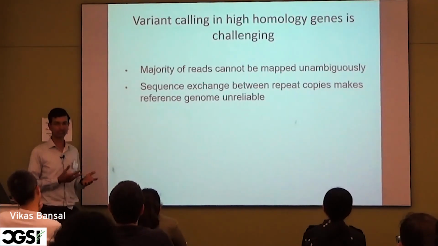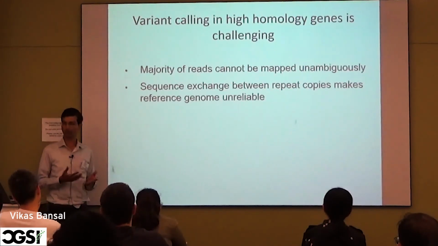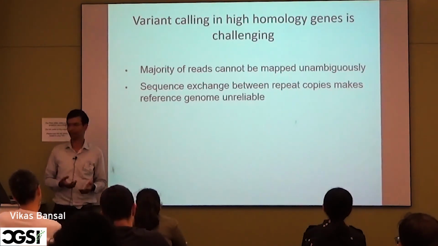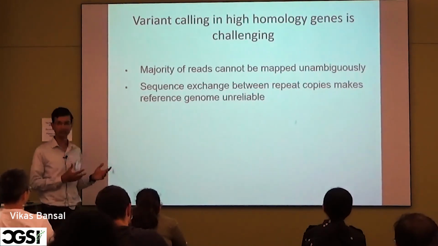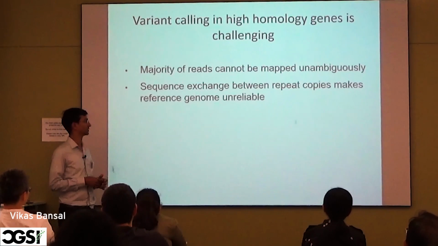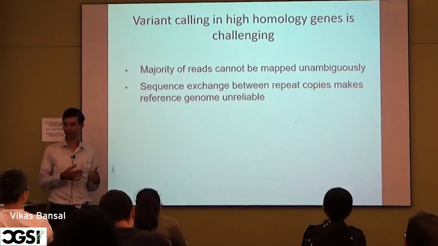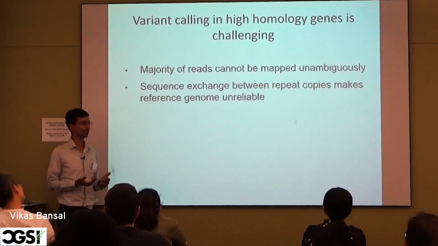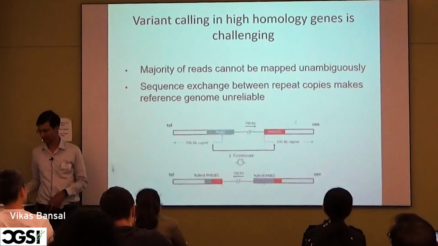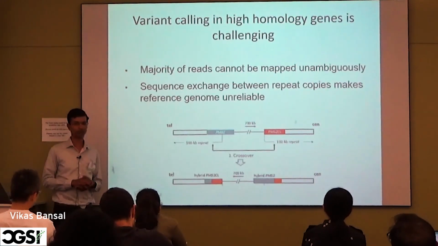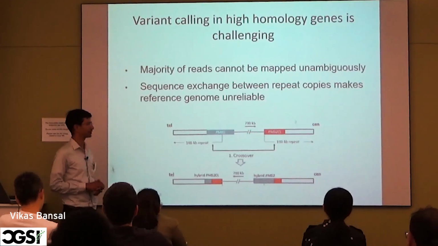First, obviously the biggest challenge is that a lot of the reads don't map uniquely, so that's already obvious. Another challenge that's unique to these genes is that there is frequent sequence exchange between the different copies of these duplicated sequences, because of either gene conversion or recombination. This has been observed for many genes. Here I'm showing you an example for the PMS2 gene.